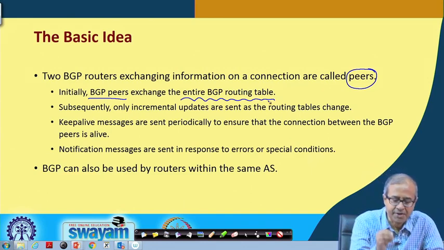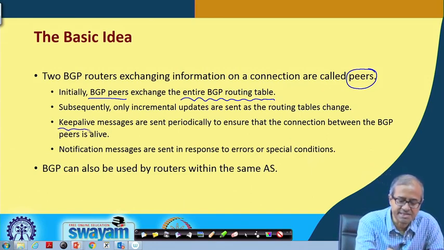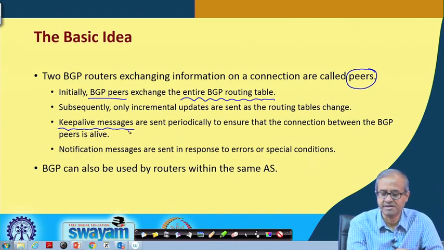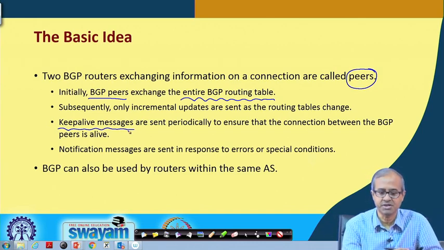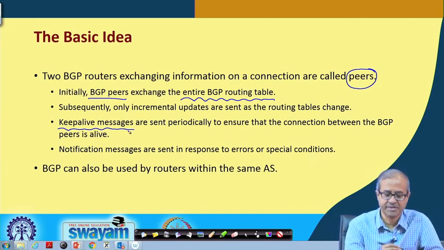And of course, I mentioned these keep alive messages are important. They are sent periodically, so that both the parties know that the link is alive and the routers are up and running. Notification messages I also mentioned, they are sent in response to some error conditions.